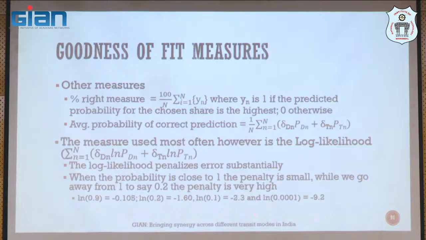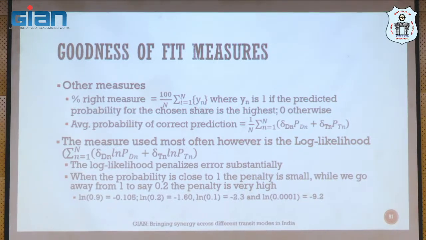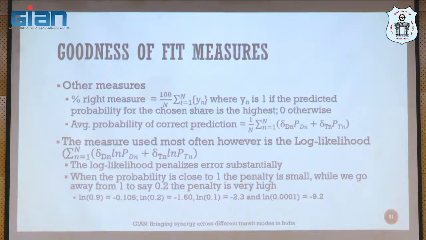So if you have a very poor prediction, it puts a lot of weight on your log likelihood function. So it does not allow you to have such bad predictions in your data. So this is more useful than any of the other metrics. That's why we tend to keep using log likelihood as a benchmark measure for looking at how good the model fits. Okay. So I'll pause here and we'll look at some models in the afternoon as a tutorial.